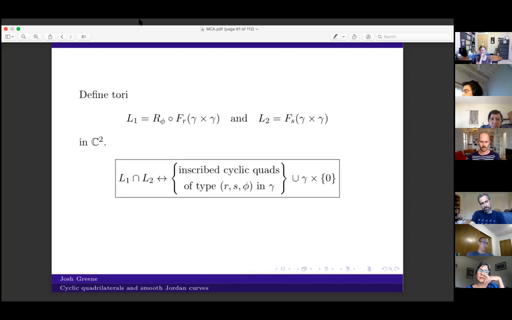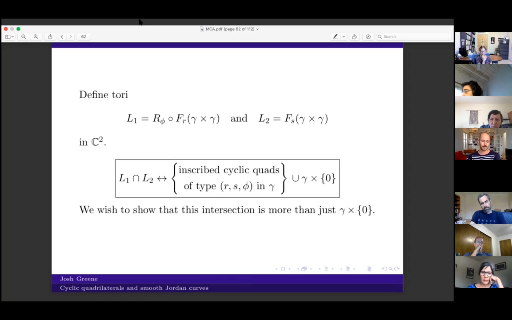That's the point. That's how we're parameterizing inscribed cyclic quads in gamma. It's the set of intersections between a pair of tori in C2. And what we'd like to show is that this intersection is more than just the degenerate copies.